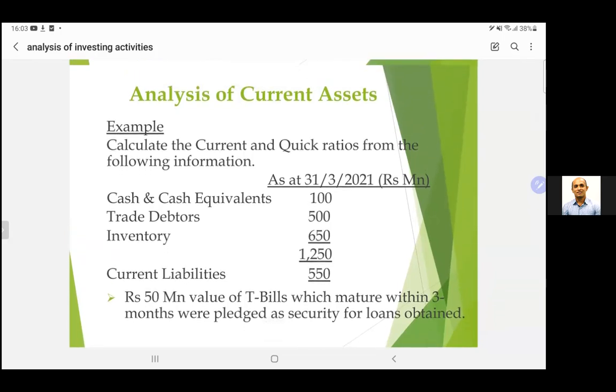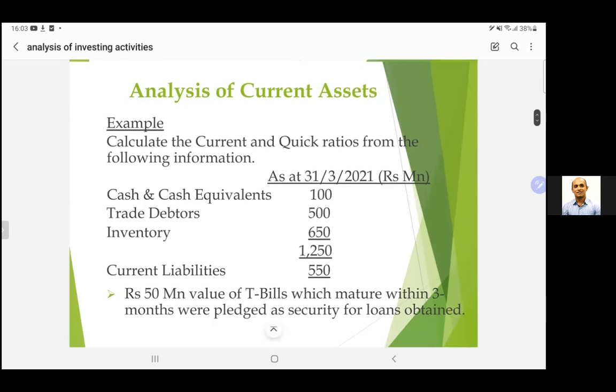Right. Now you have the point here. When you analyze cash and cash equivalents, that's under current assets. You have to be very careful about the cash equivalents. Now let's see the example.